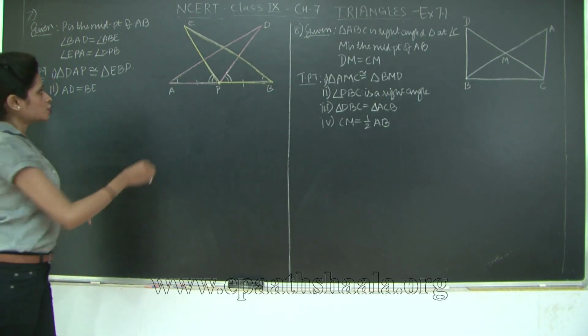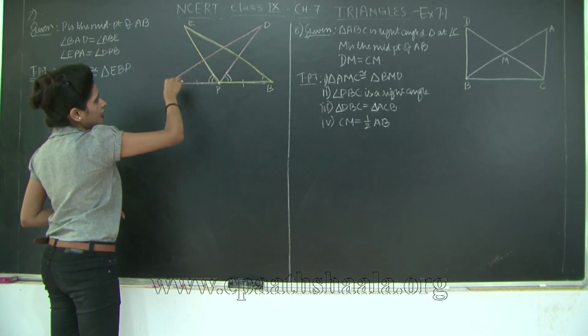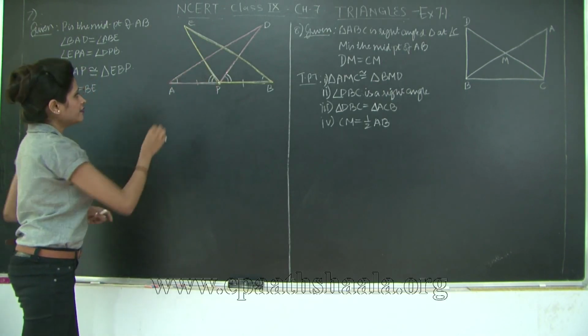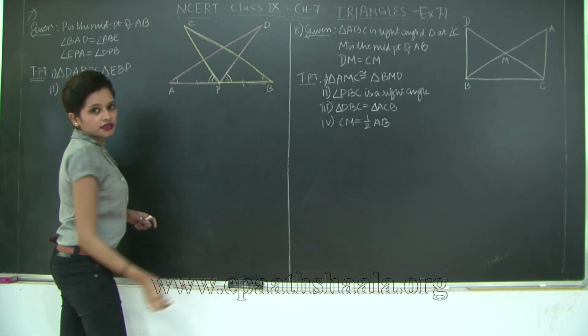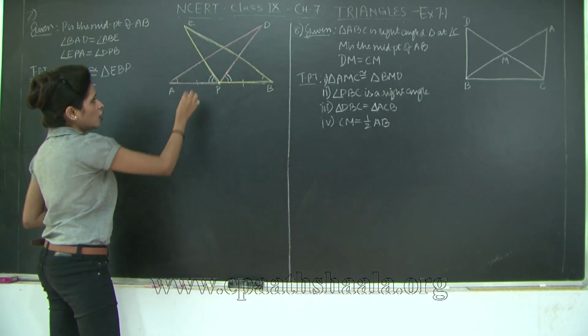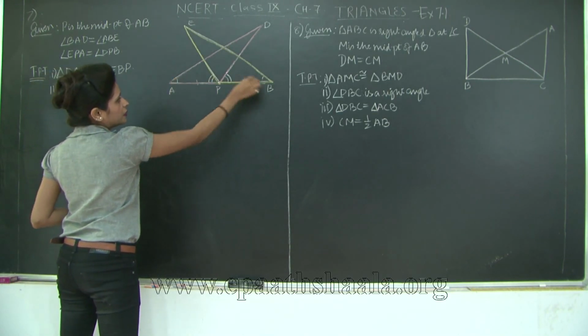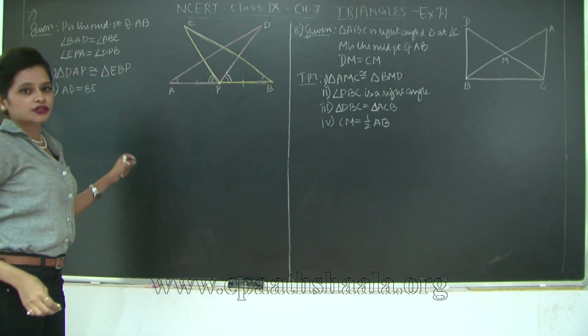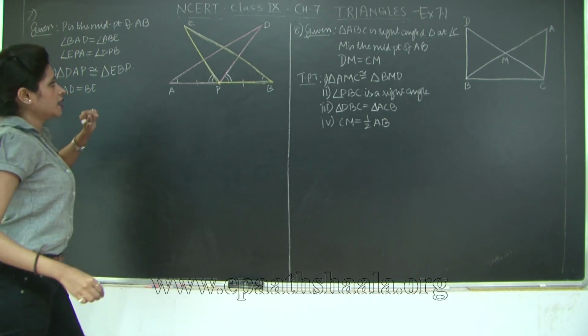Let's see how. If I take triangle DPA and EPB, what do I have? I have these two angles congruent, equal to each other. It has been given. Also these two sides PA and PB are equal for the two triangles because it's been given that P is the midpoint.